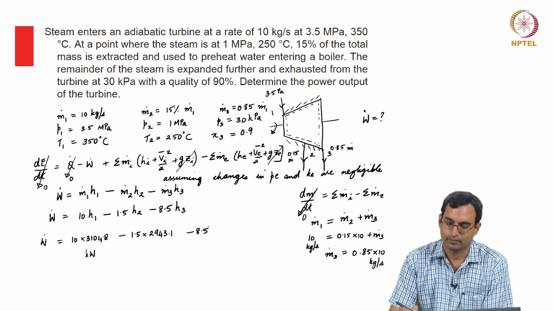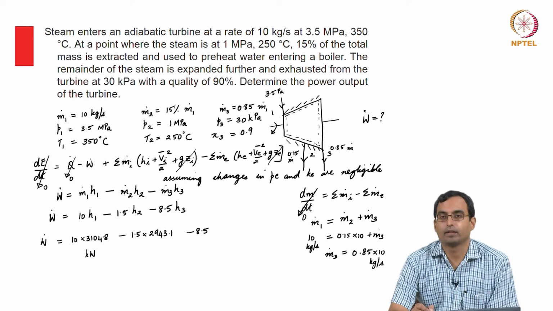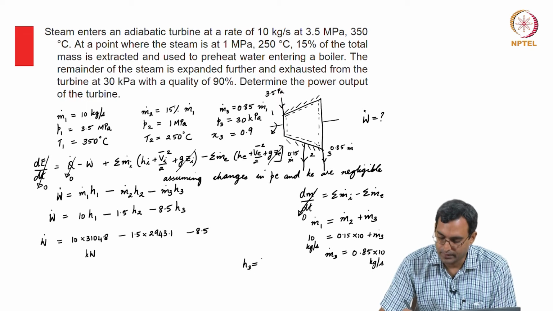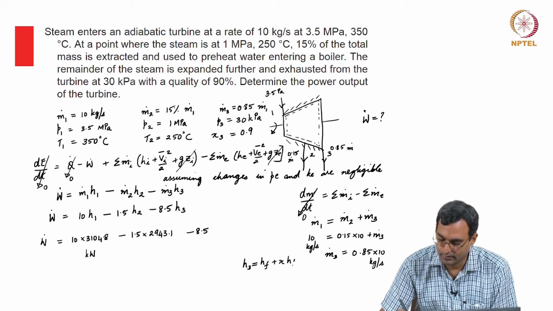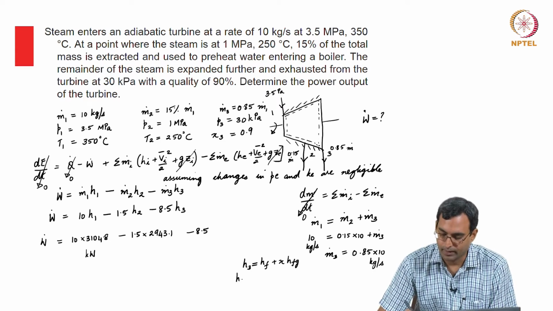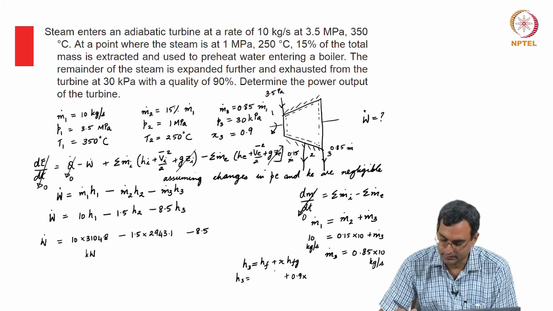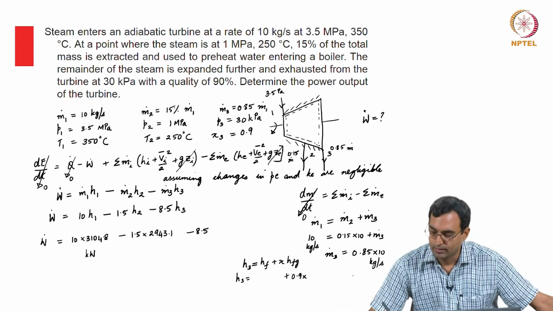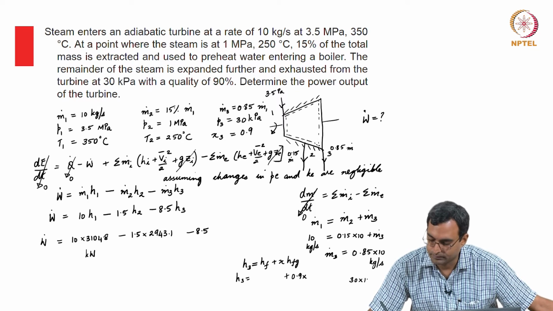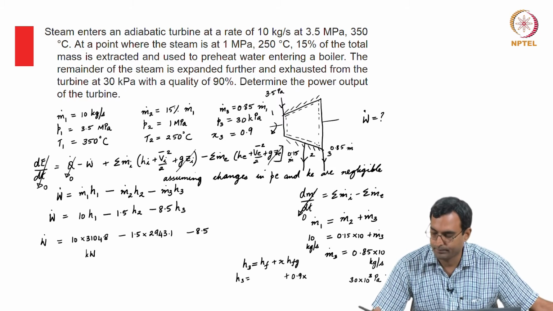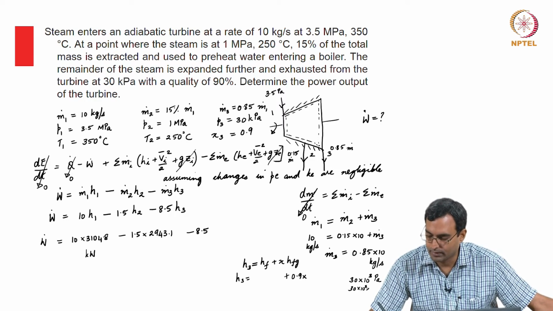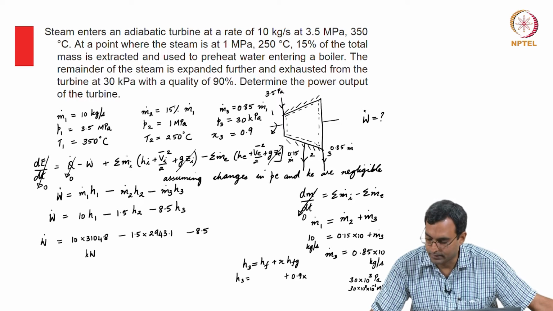And I have H3. At point 3, it is already given to me that I have a quality, which means it is in the two-phase region. So, the enthalpy I can find out as H equals HF plus X HFG. I have X is 0.9 and I need HF and HFG at 30 kilopascal of pressure. So, this is 30 into 10 to the power 3 pascals, which is 30 into 10 to the power 3 into 10 to the power minus 6 megapascal.